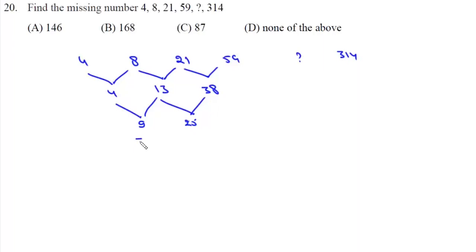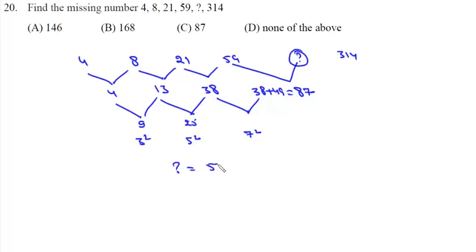So the difference here is 3 squared. Here the difference is 5 squared. So for the next one, the difference will be simply 7 squared. So this number here will be 38 plus 49, which is 87. Now 59 plus 87 will be this missing number. So this missing number will be 59 plus 87, which is 146, and that's your option A.